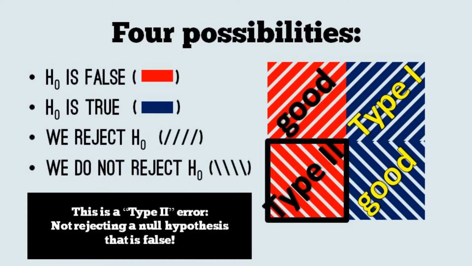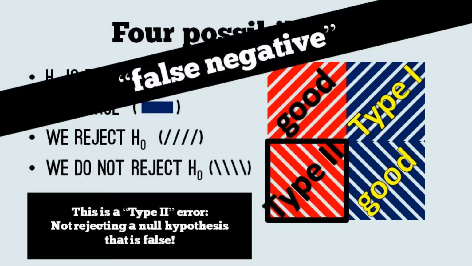In the same way, we got this other region where there was an error. This is called a type 2 error. It's not rejecting a null hypothesis that's actually false. Okay? In the medical world, they call that a false negative, and you may have heard that term before as well. This is when we set up our experiment that Creighton students and UNO students were the same, testing their heights. Our null hypothesis was that they're the same height.